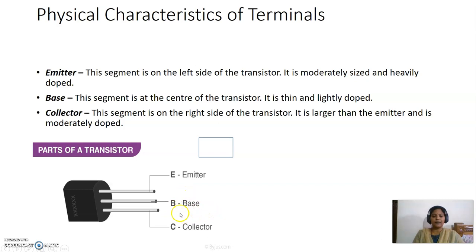In terms of doping, the emitter is heavily doped, the base is very lightly doped, and the collector is moderately doped. So emitter, base, and collector can be defined in terms of size and doping.